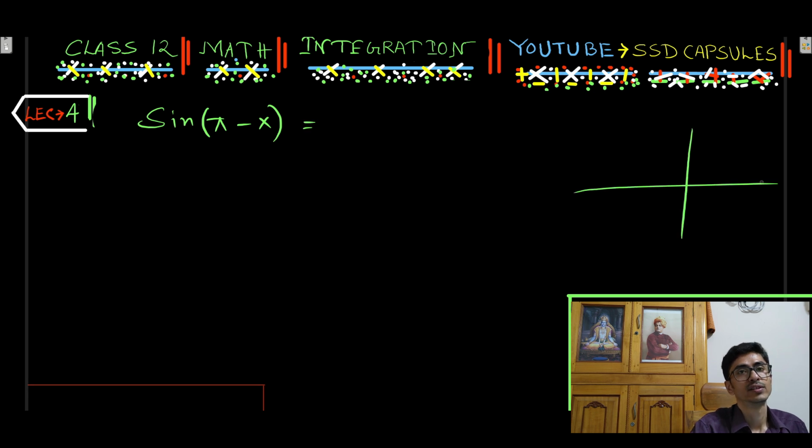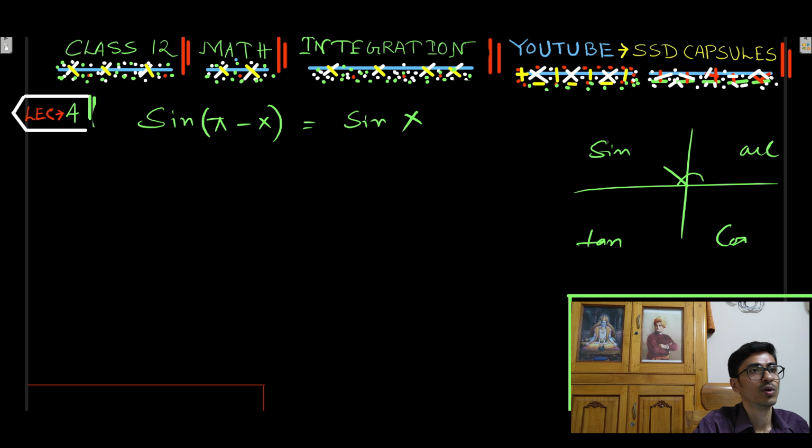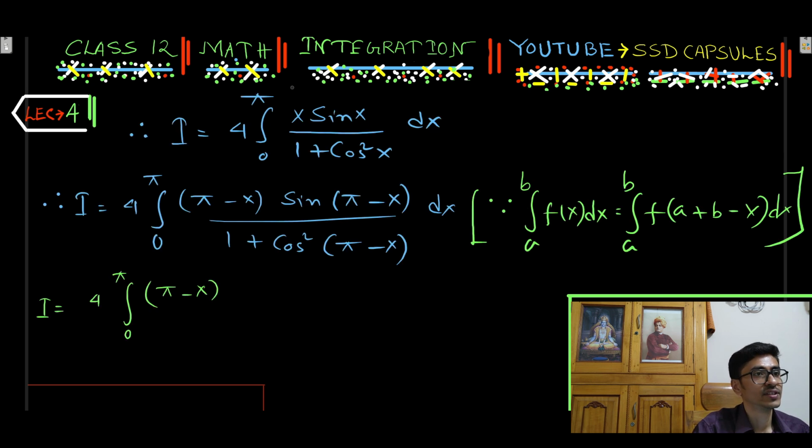If we consider the quadrant rule, all sin tan cos, here 2 into 90 degree, so here sine x, and pi minus x is in the second quadrant, so sine x. Again another term here is cos of pi minus x.